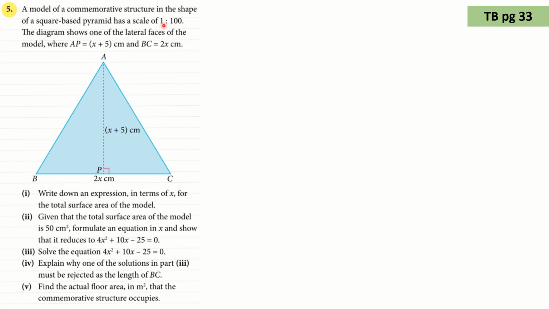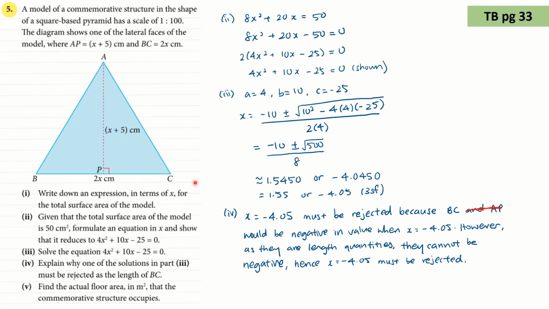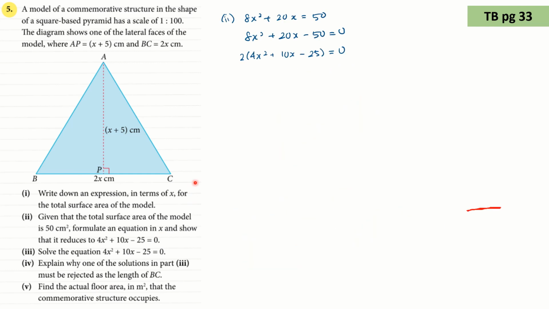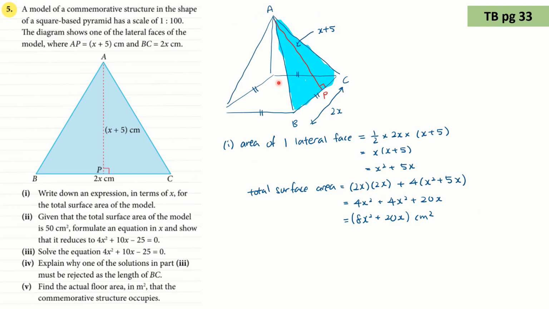The actual structure obeys this scale of 1:100. The actual floor area refers to the square base of the pyramid. If I go back to my diagram of the pyramid, this is the floor area, because this is the only part touching the floor, the square.